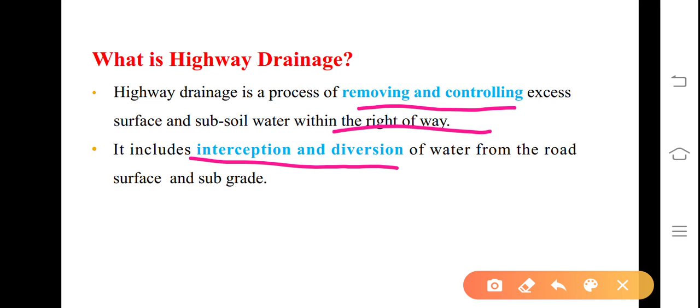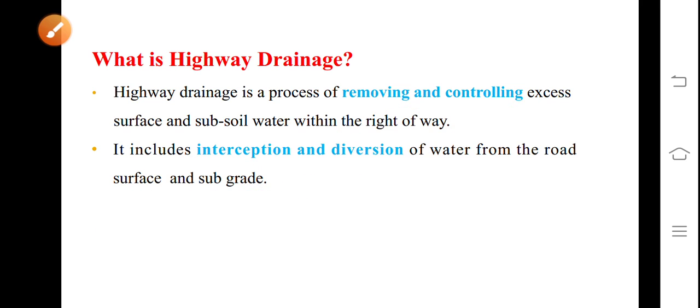Not only road but subgrade also. When it comes to the subgrade, from where it is to be drained, that is subsurface drainage. When it comes to the pavement, it is surface drainage. That's why drainage includes both surface drainage and subsurface drainage. That is the meaning of drainage and why it is required.